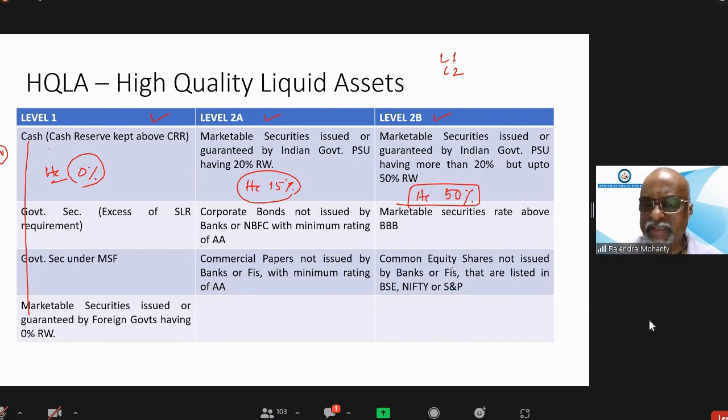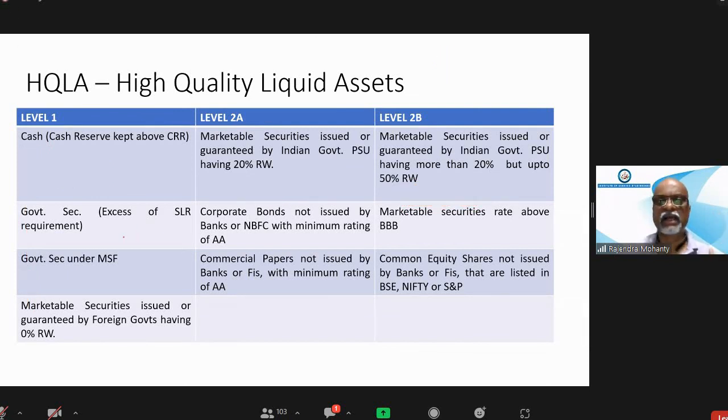So level 1 has 0% haircut, level 2A has 15%, and level 2B has 50%. According to that, you have to see how much you are holding, and the net of everything should be equal to your LCR formula. So it should be minimum 100%. Okay, so that is high quality liquid asset under LCR.